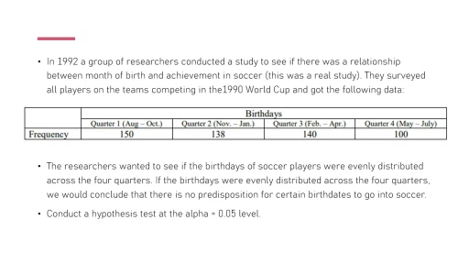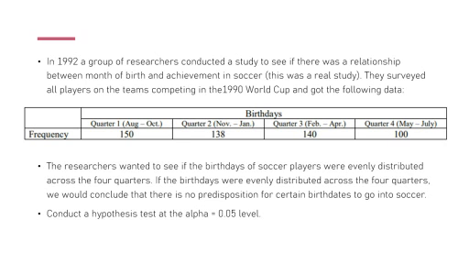This research is looking at soccer players and seeing if the month in which they were born makes it more likely that they can be successful in soccer. If when they were born didn't matter, then all their birthdays should be approximately the same, so the distribution should be equal across all.